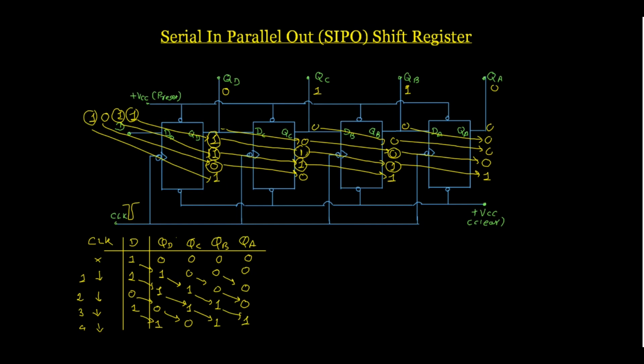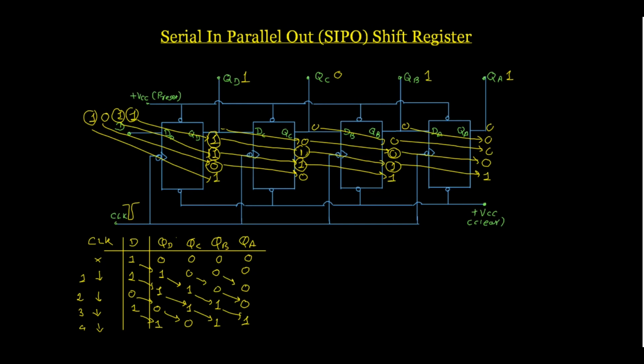So if you see the output after the fourth clock pulse, QD becomes 1, QC is 0, QB is 1, and QA is also 1. So what is my input binary number?